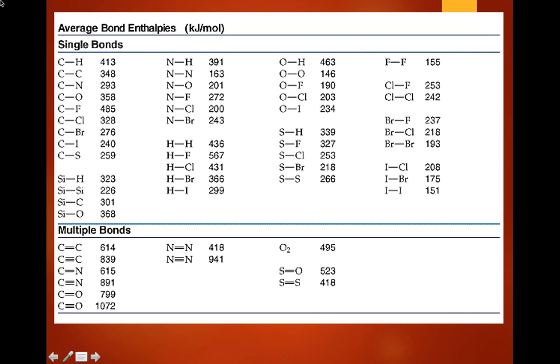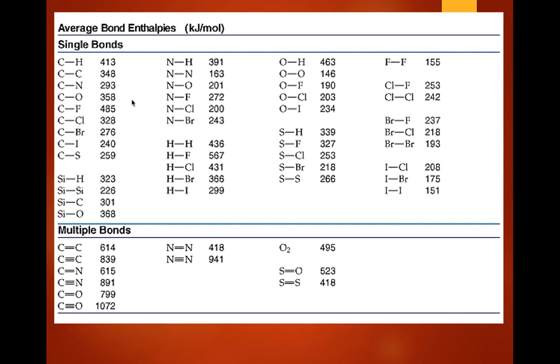That's a lot. That's a strong bond. Now let's look at carbon and chlorine. That's 328, it's less. Carbon and bromine, 276, less. Carbon and iodine, 240, even less.